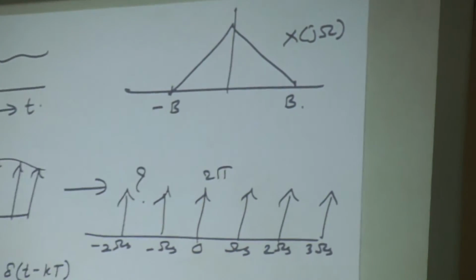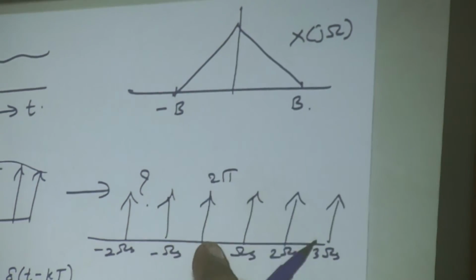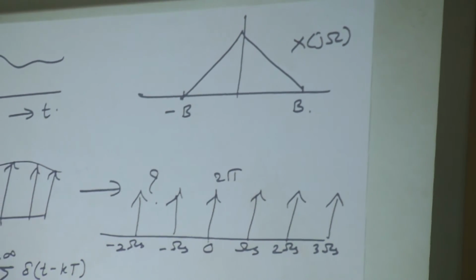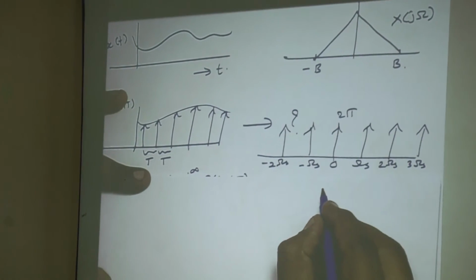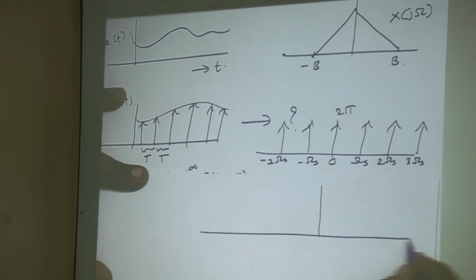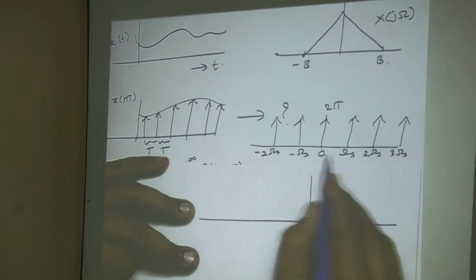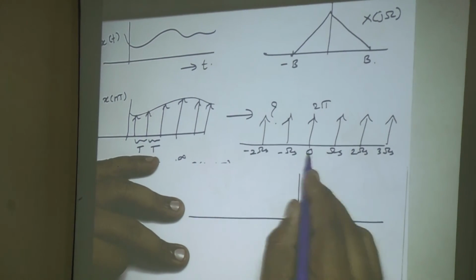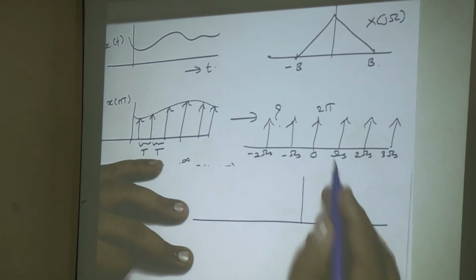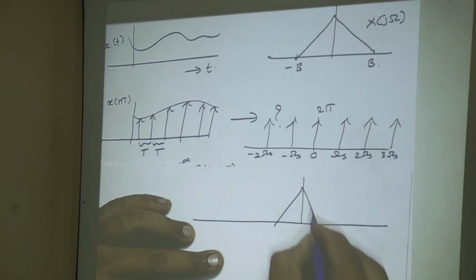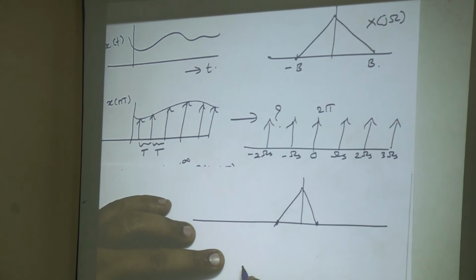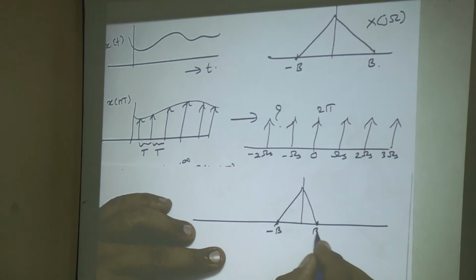Alright? Now what is the convolution of these two? The convolution will be dependent on what? On the separation. So this convolved with this impulse will give me one image of the Fourier transform like this, which is from minus b to plus b.